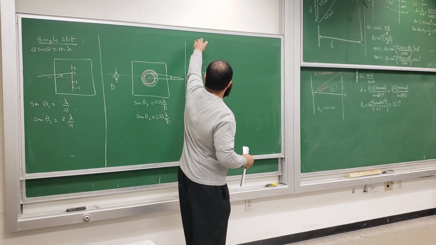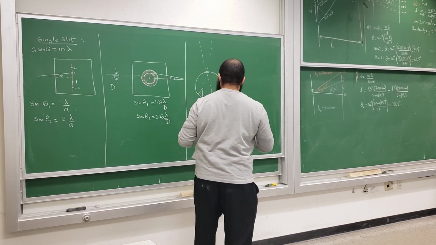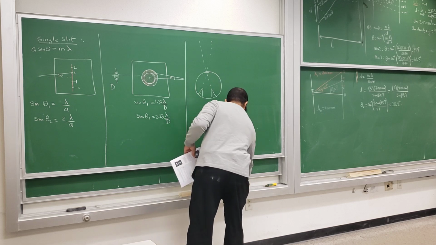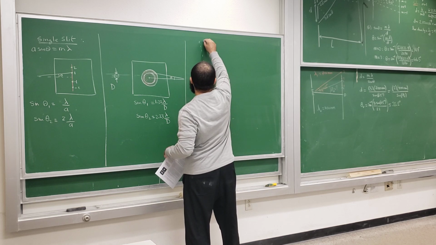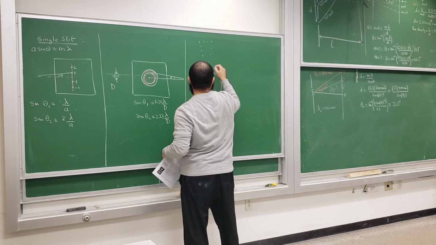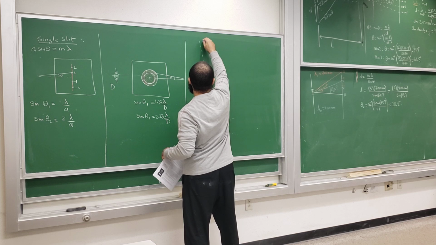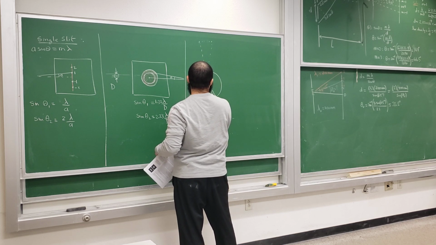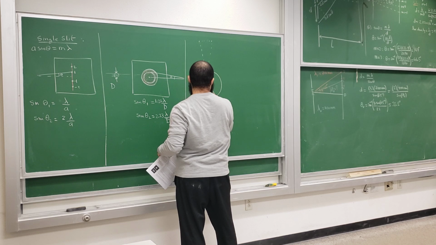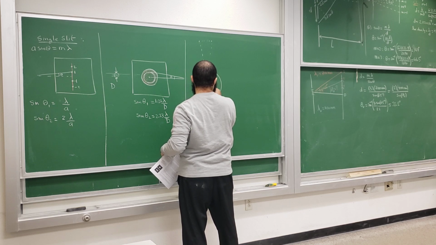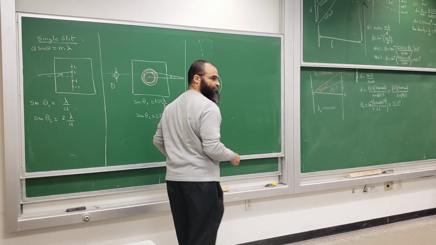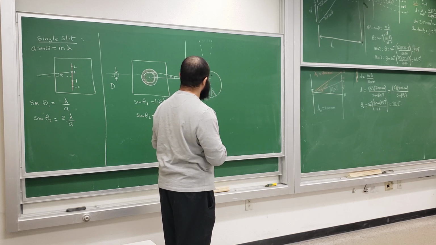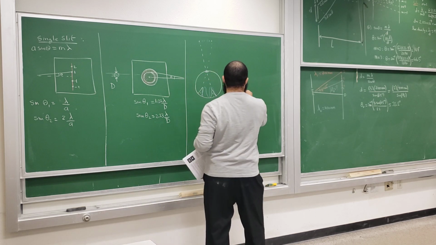But if they get too close, let's draw them a little closer to each other, like this. Then maybe this one will have this, and the other one, they will overlap a little bit. Okay? When do we not resolve them? We can't resolve them when this happens.